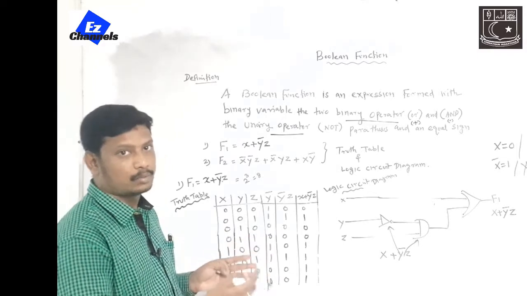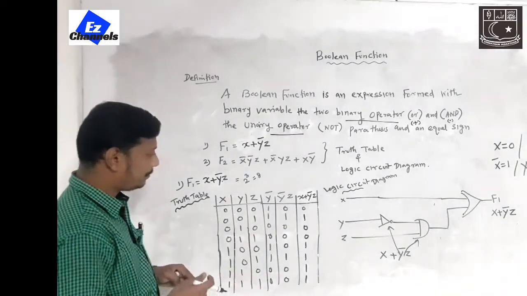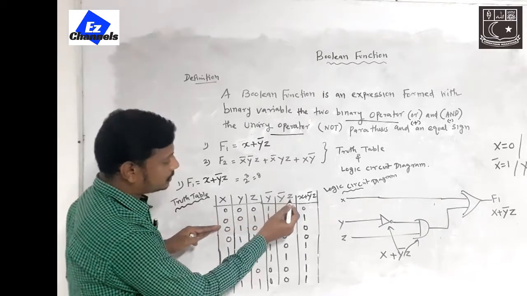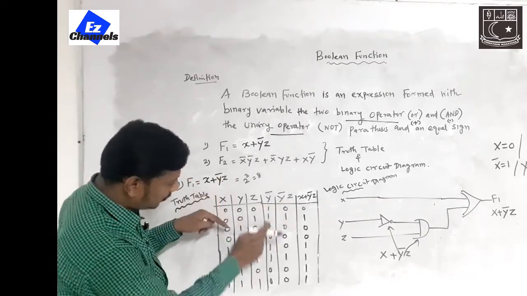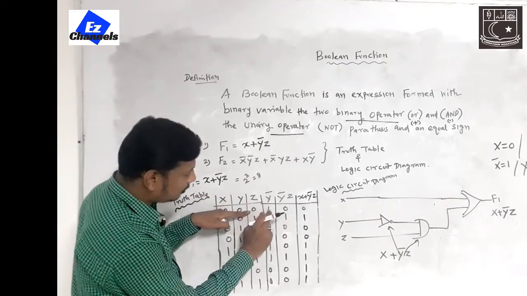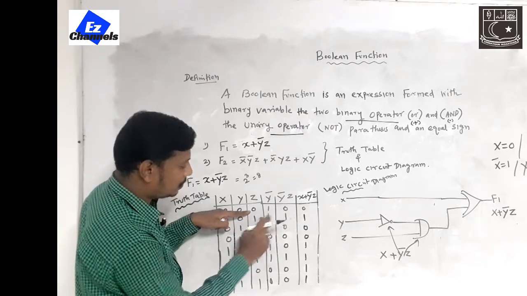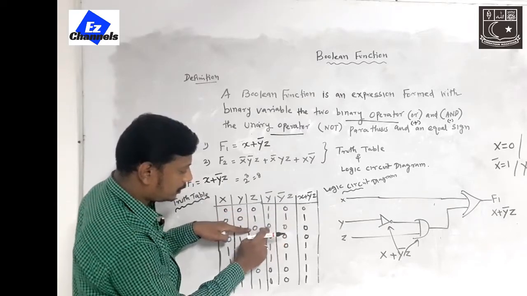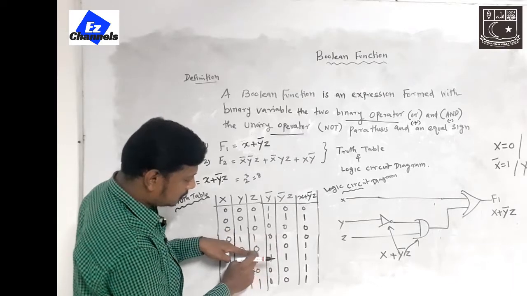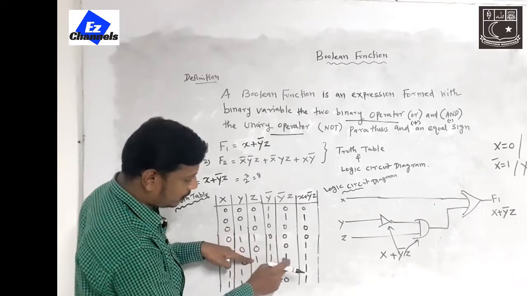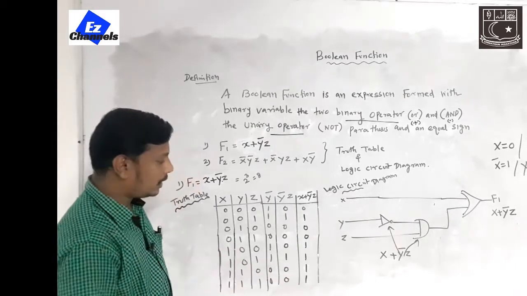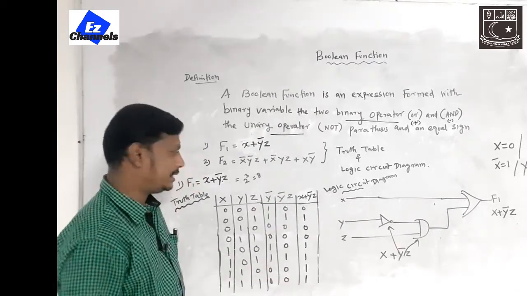Taking the y bar column and the z column, compare the two: 0 into 1 is 0, 1 into 1 is 1, 0 into 0 is 0, 1 into 0 is 0, and the same again. So you can solve y bar z.